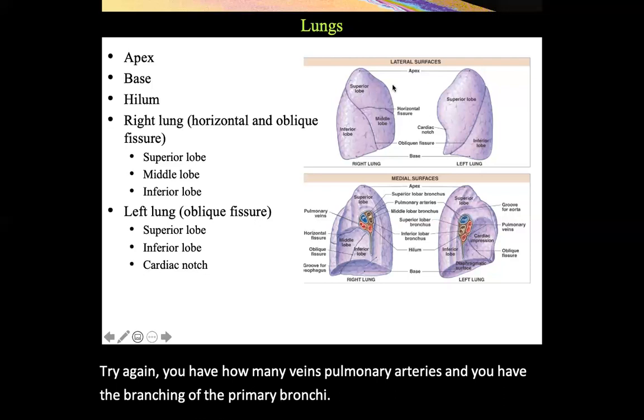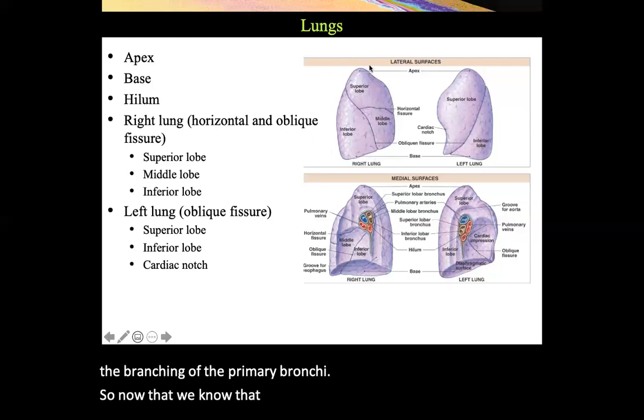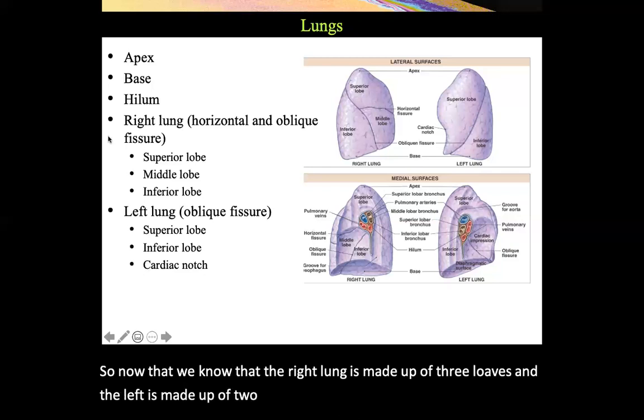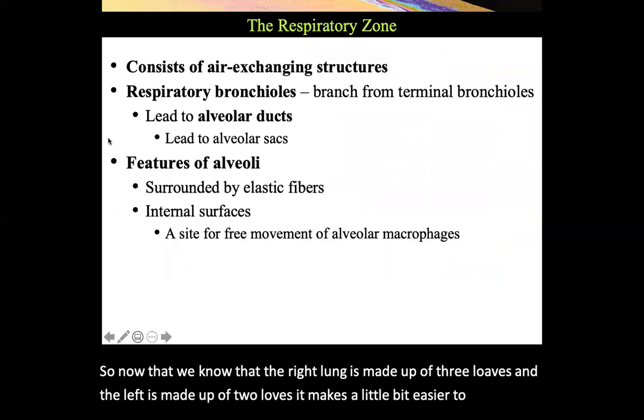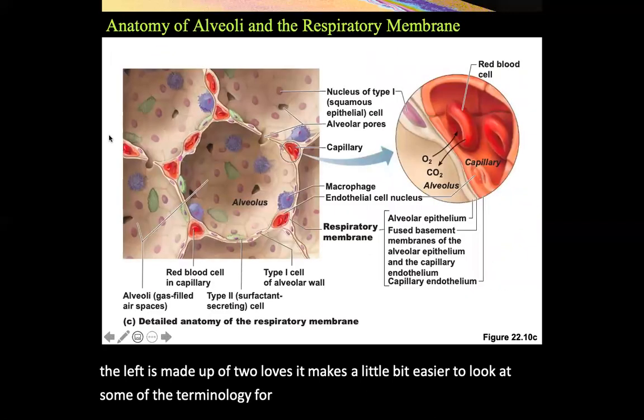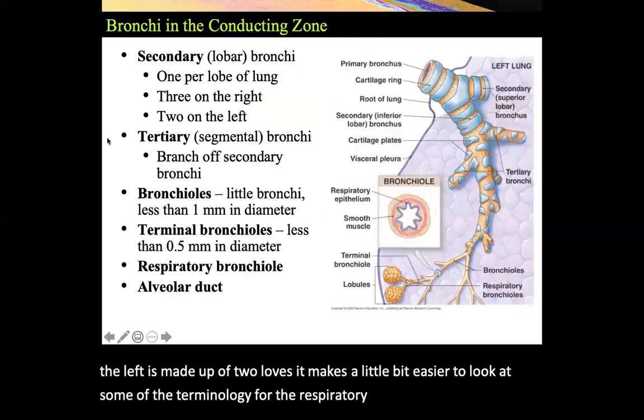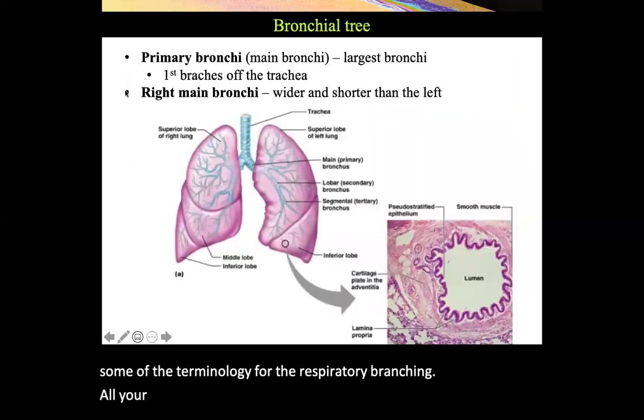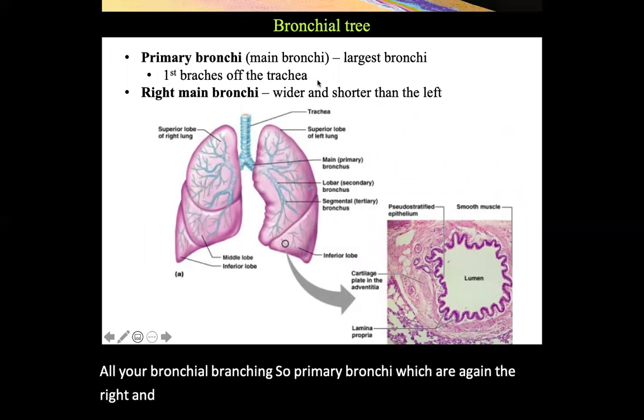So now that we know that the right lung is made up of 3 lobes and the left is made up of 2 lobes, it makes it a little bit easier to look at some of the terminology for the bronchial branching. Primary bronchi, which are again the right and left, are the first branching coming off of your trachea.